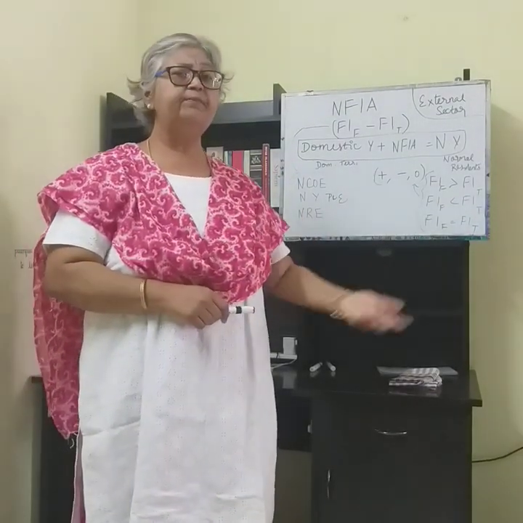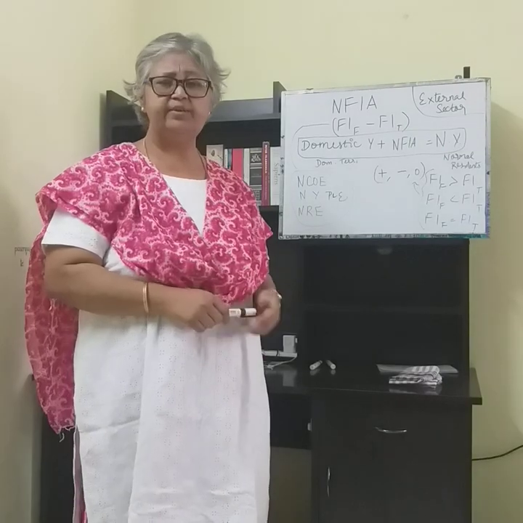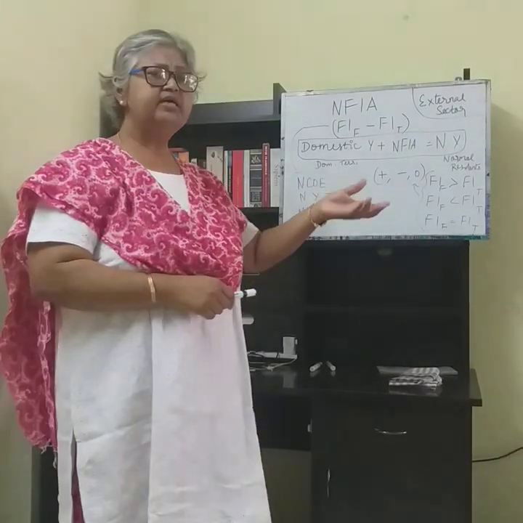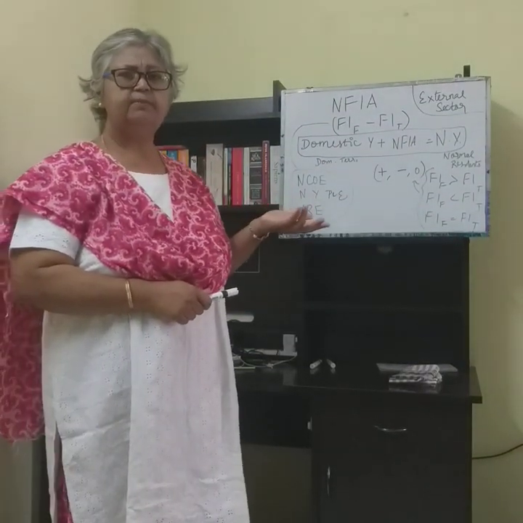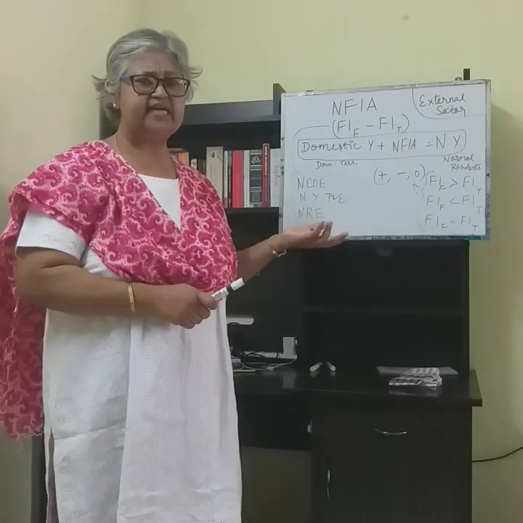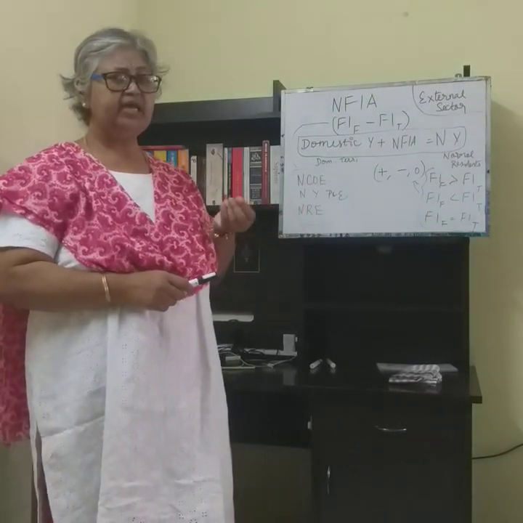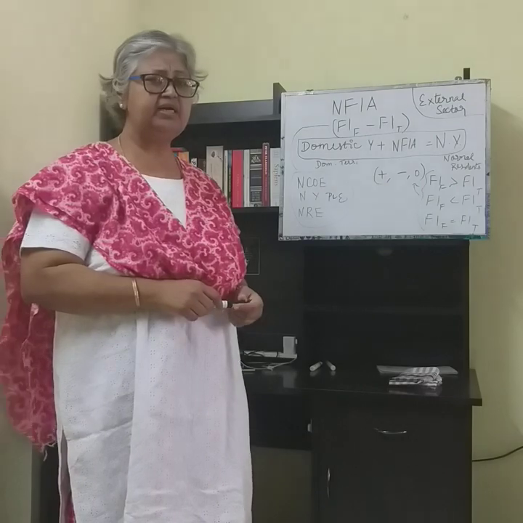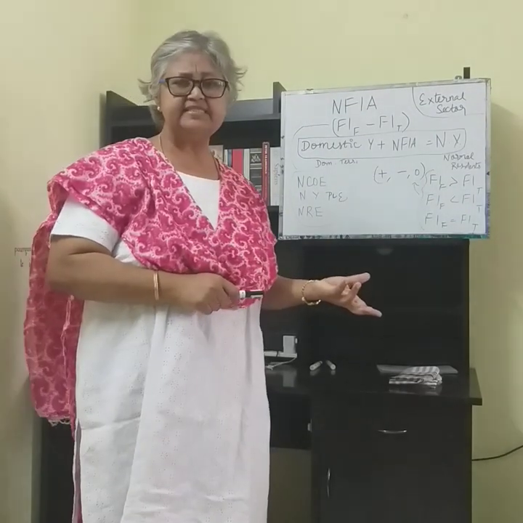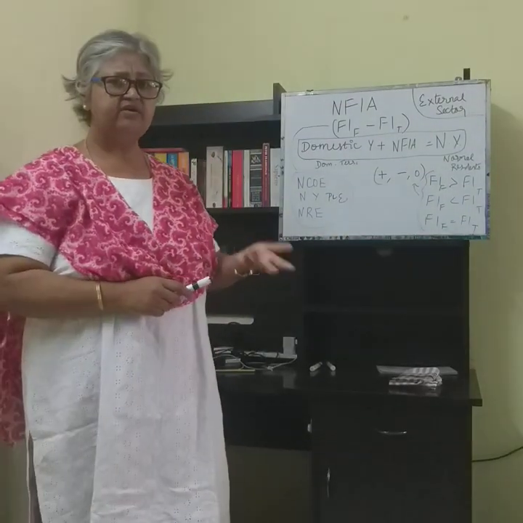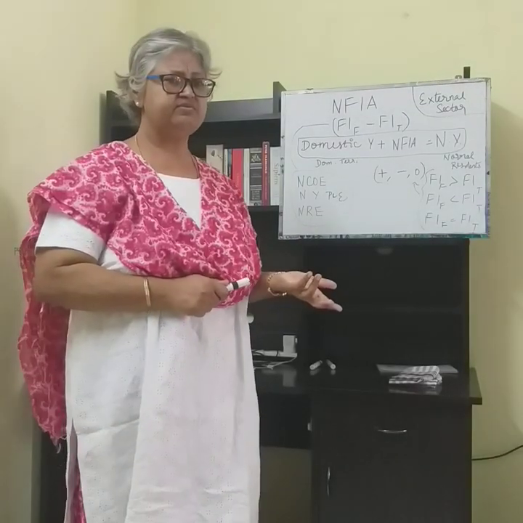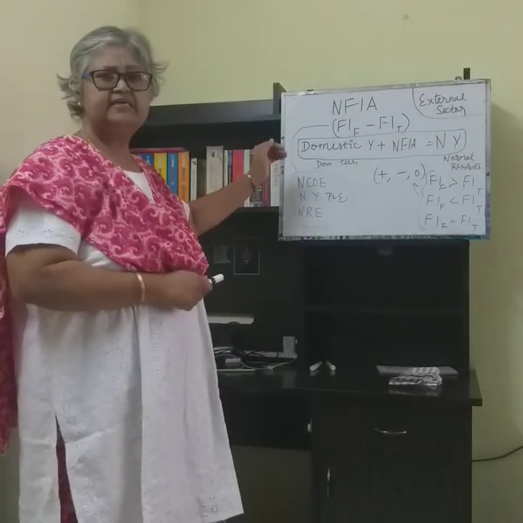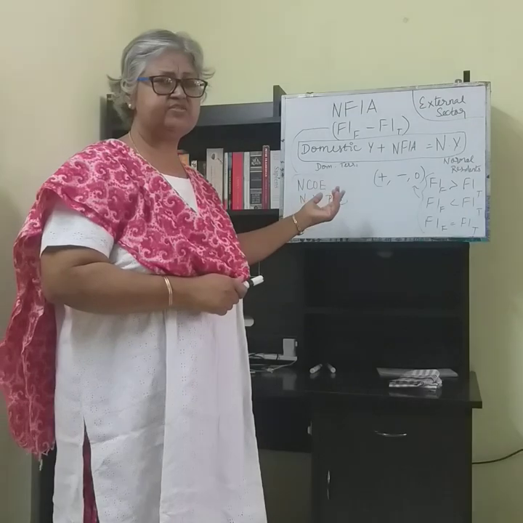Similarly, net compensation of employees will be income received from abroad by the normal residents in form of wage and salary minus income paid to the normal residents of other countries for such services. So that is net compensation of employees.